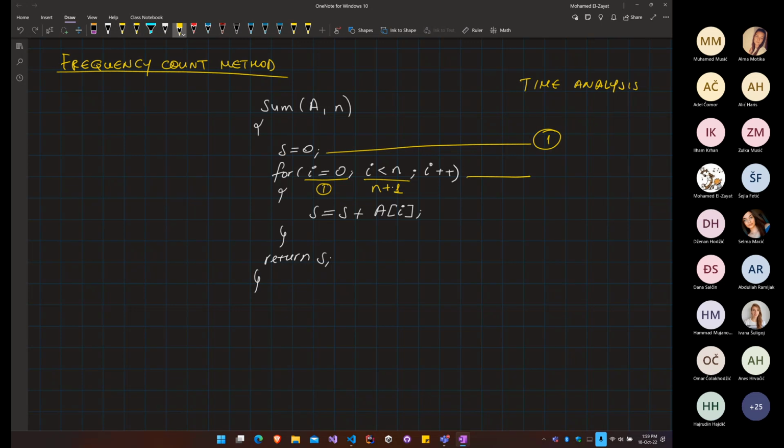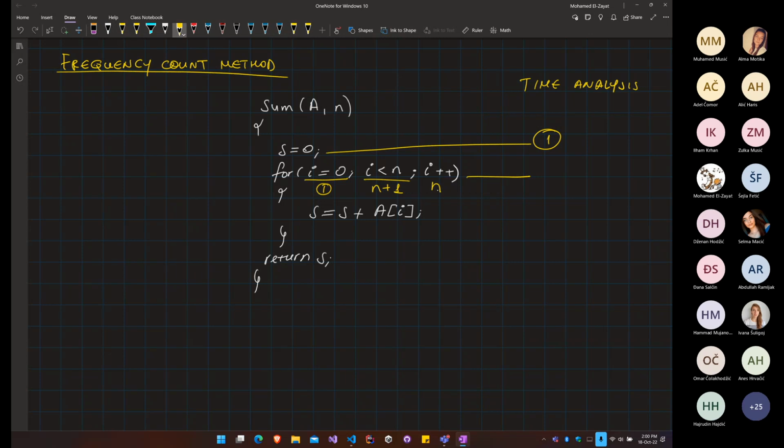But if i is less than 9, it will still work. Counting from 0 to 9 is 10 times, and then you need plus 1, which makes i equal to 10. Then when you have 10 less than n, which is equal to 10, you are running this check n plus 1 times. This one runs n times, however.